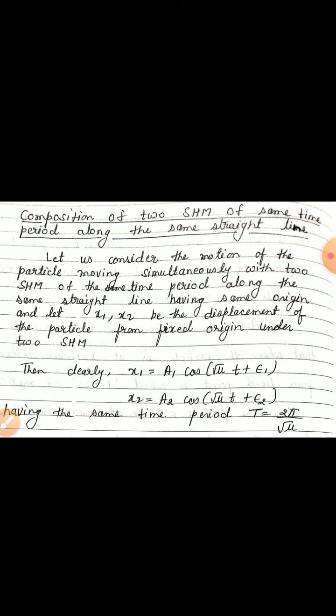Then by the general equation of SHM, we can write x1 is equal to A1 cos(√μ t + ε1), and x2 is equal to A2 cos(√μ t + ε2). Small t is common in both equations as they have the same time period, and the time period will be T is equal to 2π by √μ.